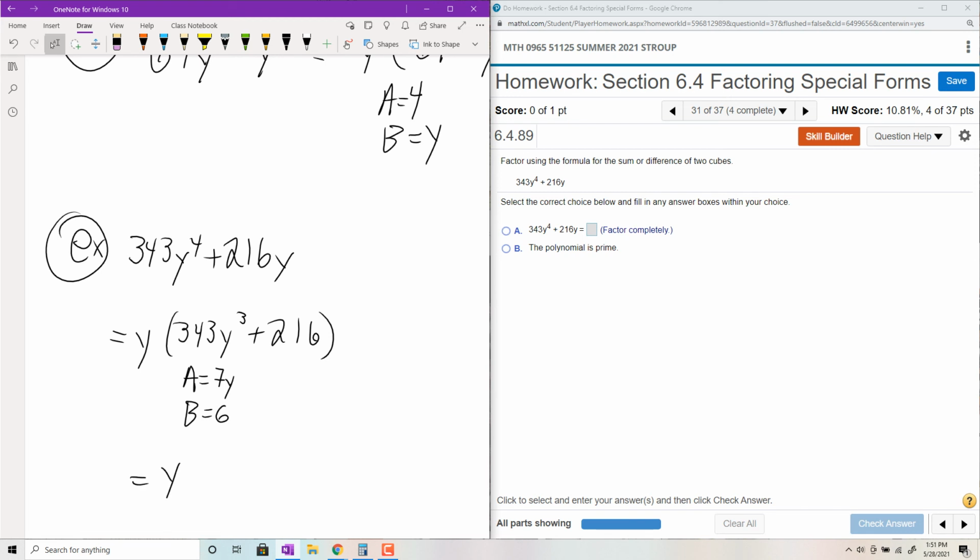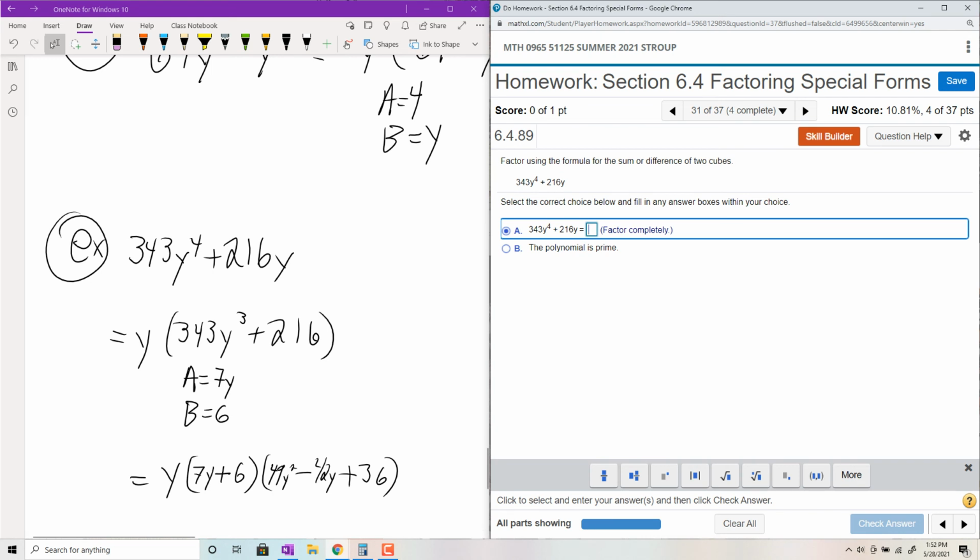So this will be y times, well, get the signs first. So same, opposite, always positive. And you have 7y, and then 6. And then again, it's not 7y squared, it's 49y squared. And then 42y, that's 7y times 6 is 42y. And then plus 36. Let's see if we got it.